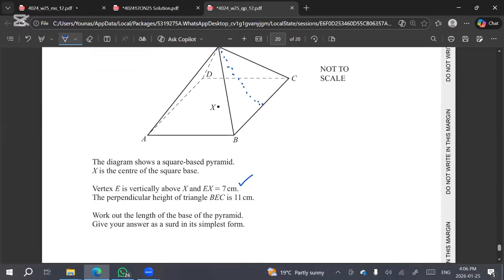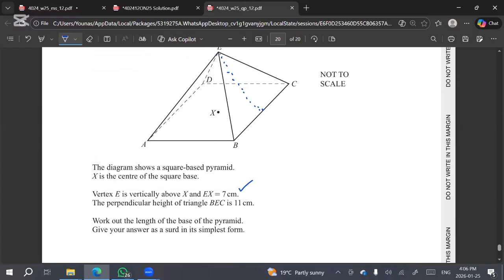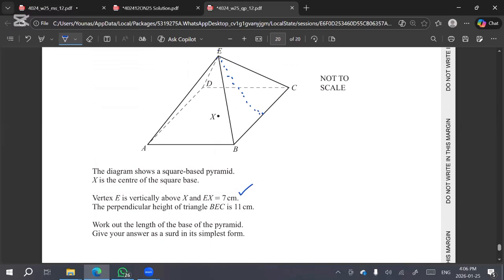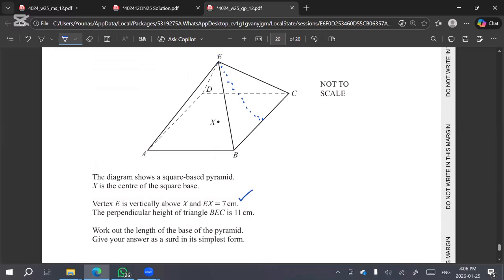First of all, I'm going to use this shape. This is E. This is the midpoint M on BC, and this is 90 degrees. The vertical height is 7, and this height is 11.